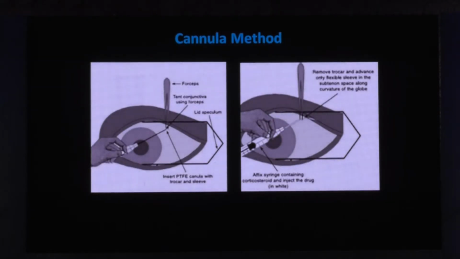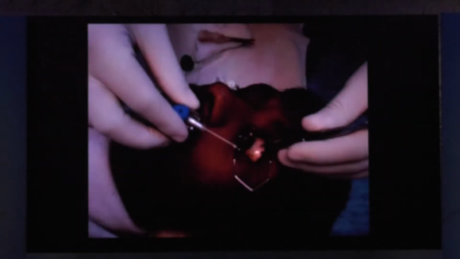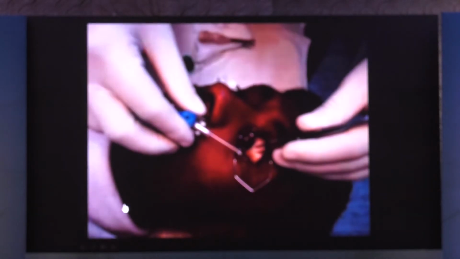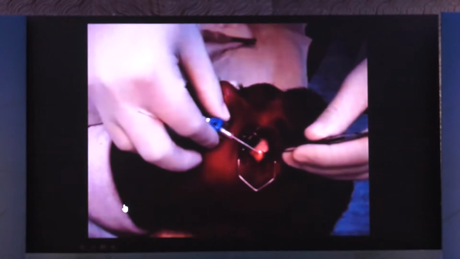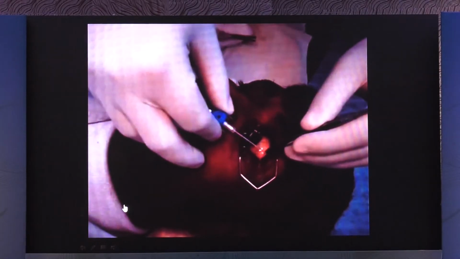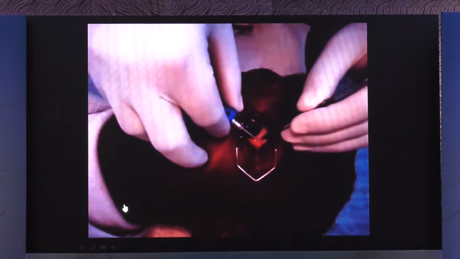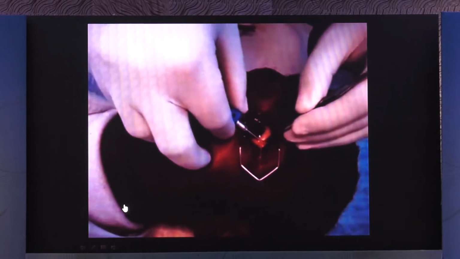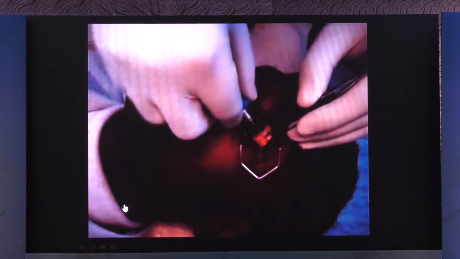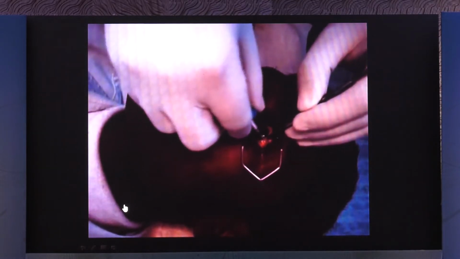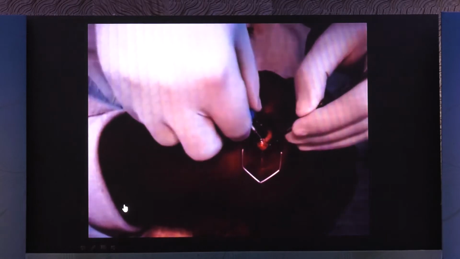Another method is the cannula method, which is a safer method. I'll just demonstrate in a video. It is again an OPD procedure. After putting proparacaine and betadine drops and applying a speculum, you either make a nick in the superior temporal conjunctiva with conjunctival scissors, or with the help of the stylet itself you can make an entry into the conjunctiva.